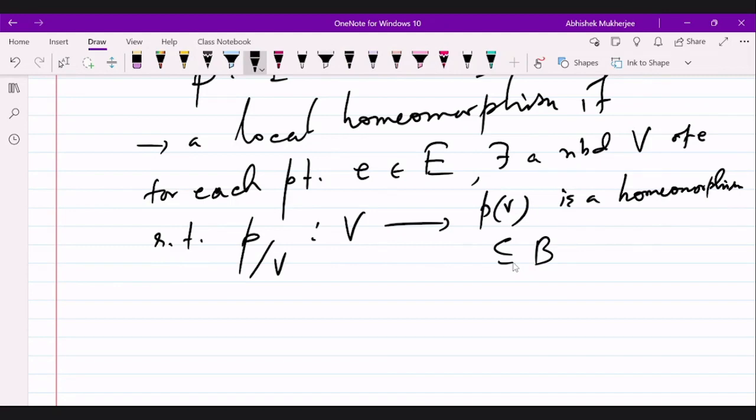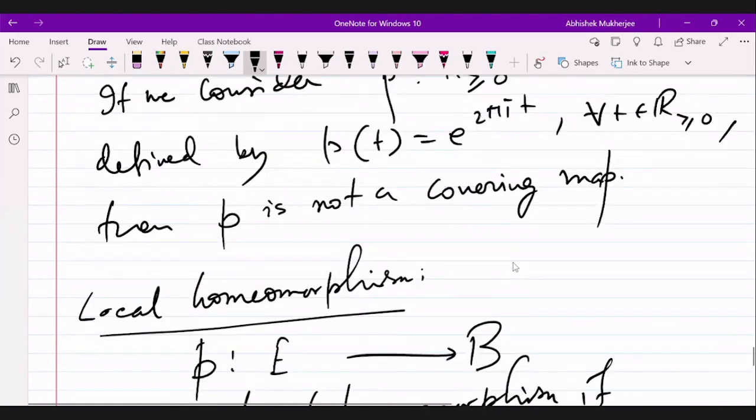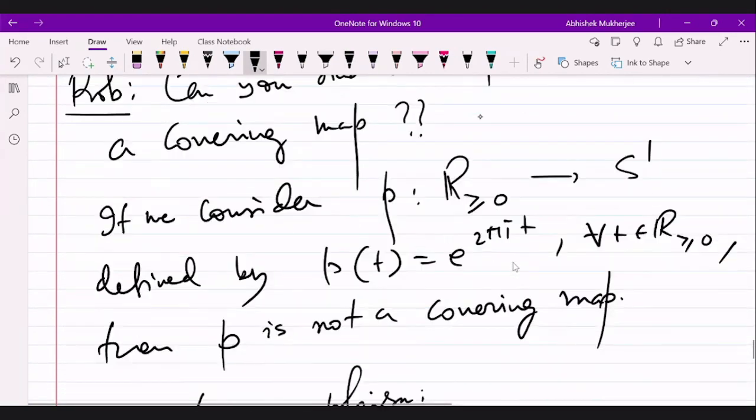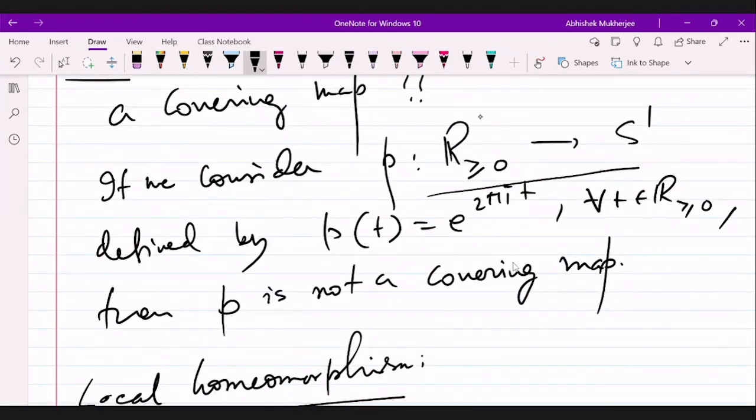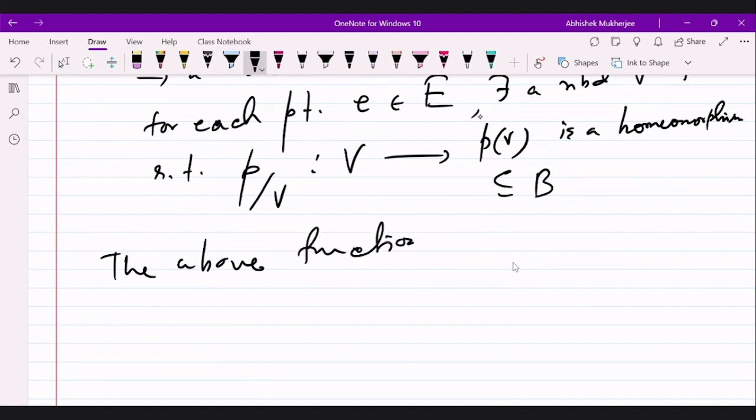Okay, and an example of it is given by this function. So the above function is an example of this kind of map.